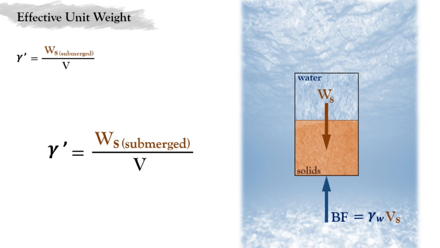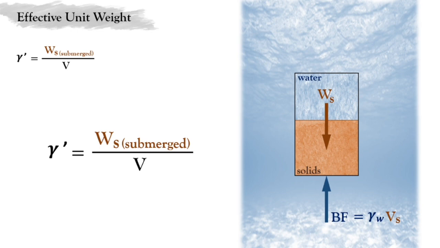So, yung object natin dito is the solids. So, therefore, yung volume displaced by the solids is actually the volume of the soil solids. Kaya, yung buoyant force natin, that is the product between the unit weight of water and the volume of the soil solids.